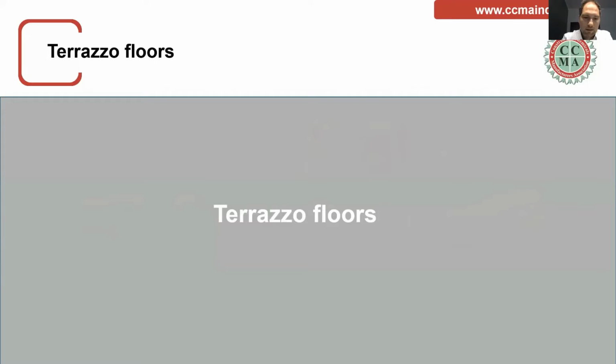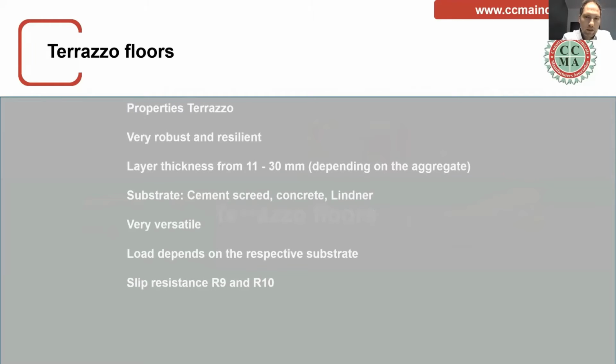Coming to our last segment of floors, terrazzo is a very traditional product. It's very robust and resilient. We have layer thicknesses from 11 to 13 millimeters, depending on the usage of the aggregates. The substrate always is a cementitious dry and shrinkless concrete, and Lindner hollow floor as well.